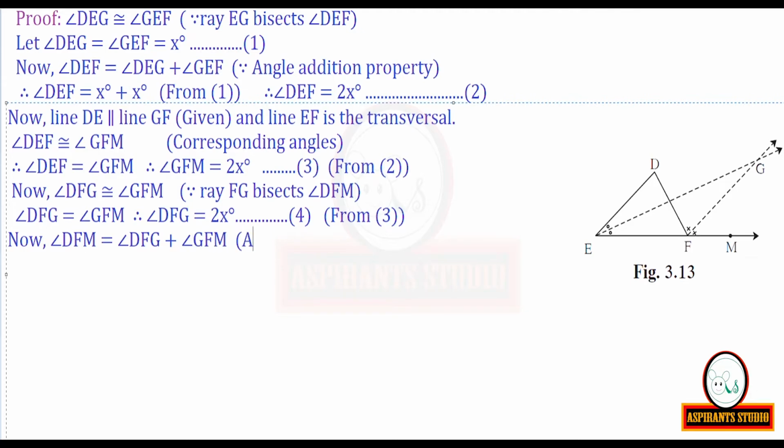So, measure of angle DFM will be equal to measure of angle DFG plus measure of angle GFM by angle addition property. Now from equation 3 and 4, you get measure of angle DFG to be 2x degrees and measure of angle GFM to be 2x degrees. So measure of angle DFM will be equal to 2x degrees plus 2x degrees. Now adding that you get 4x degrees.